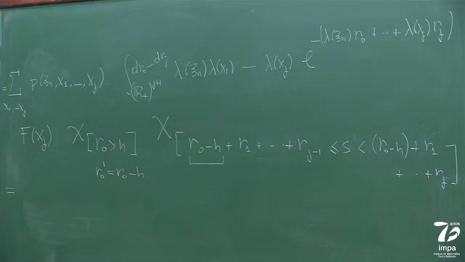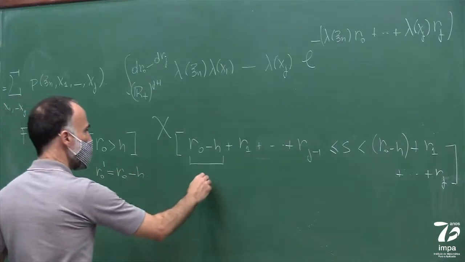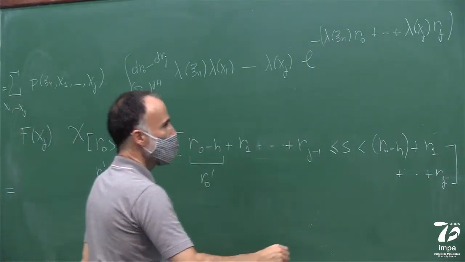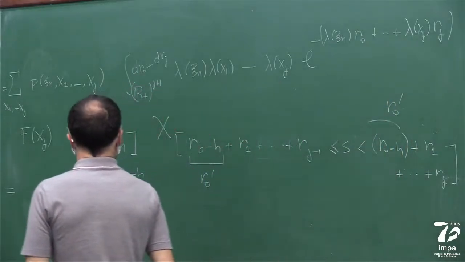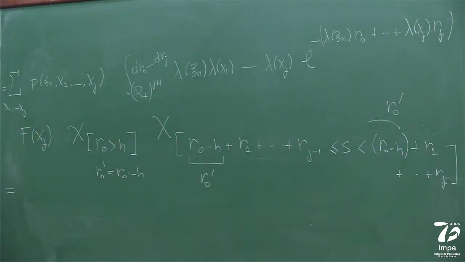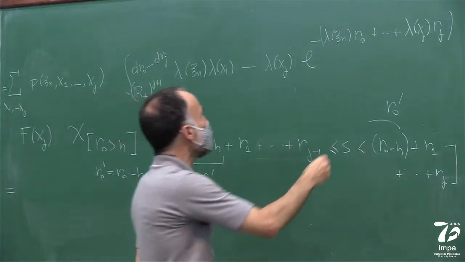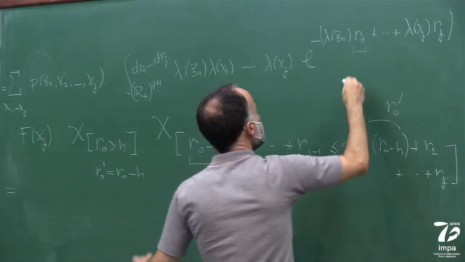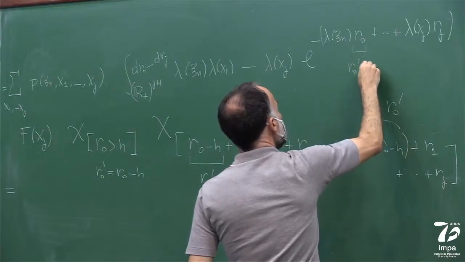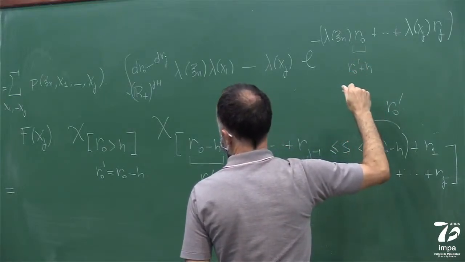So now R0 prime is integrated from 0 to infinity, so that indicator will disappear. And here I will have R0 prime as well. The only thing which will change is that here R0 will be R0 prime plus h, minus h plus h.